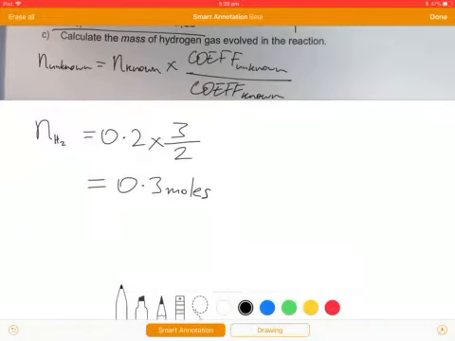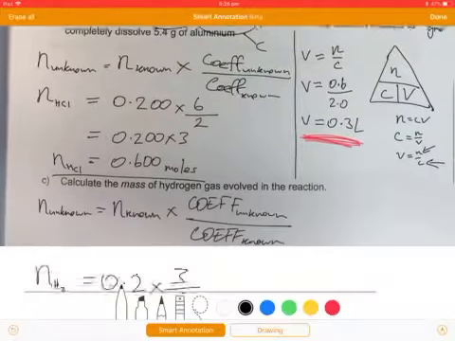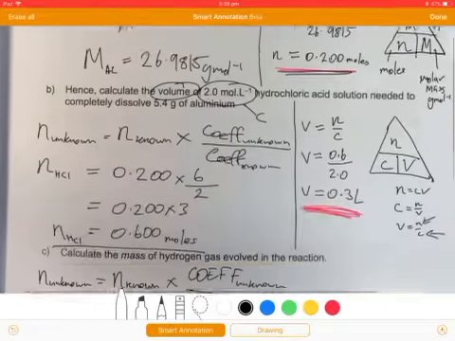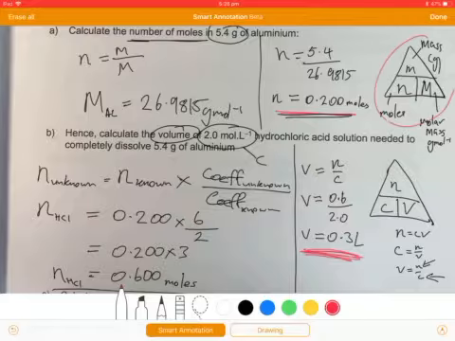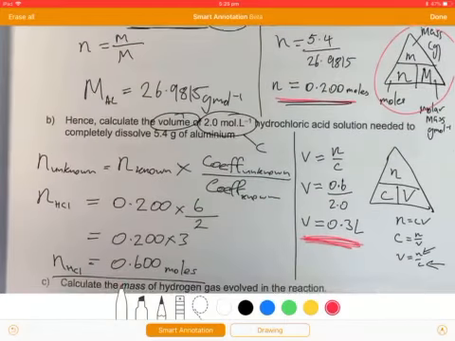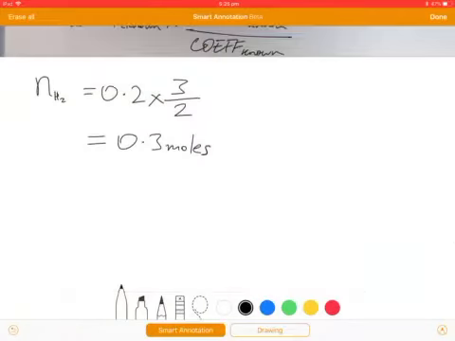From that, going back to our triangle up here, we can see that mass equals moles times molar mass. So we know the moles and we can work out the molar mass.